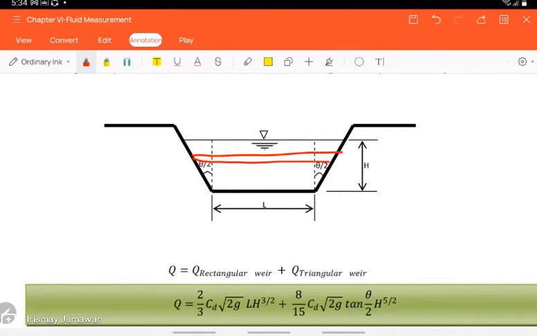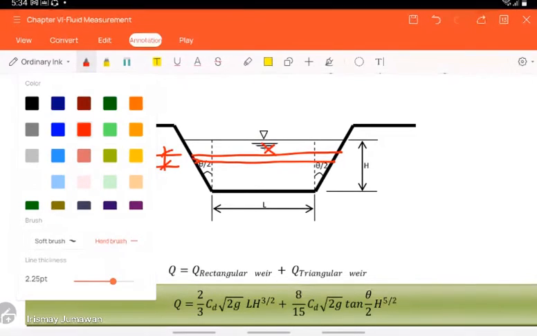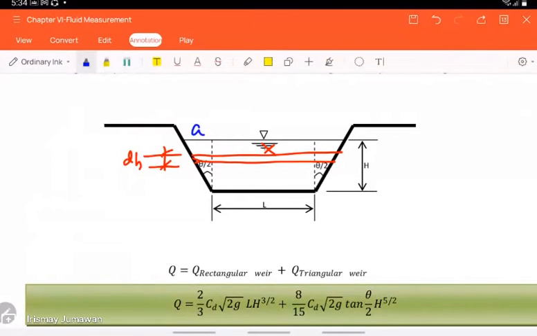First step, you have to get the elementary strip or area of that fluid. Here, dH, and this is your S. To be safe, you make this your A1 and B1.